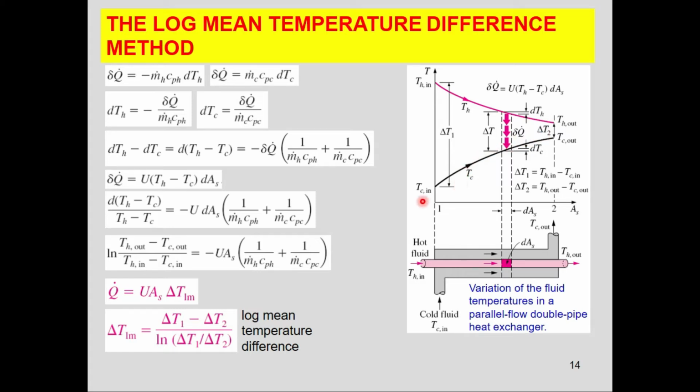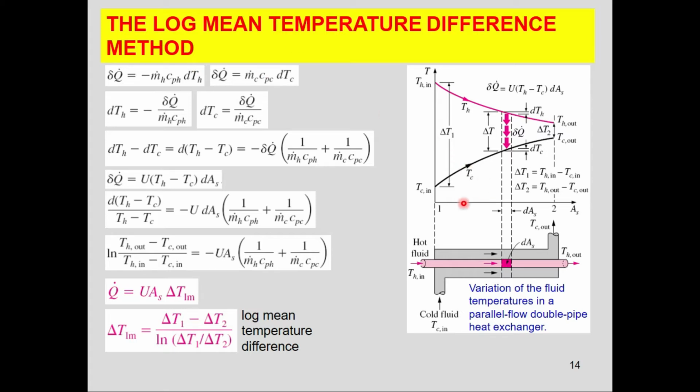So in order to use this expression, we need to develop an expression for delta Tm, which will give us the average value of the temperature difference along the length of the heat exchanger. So we will develop the expression for the log mean temperature difference method.